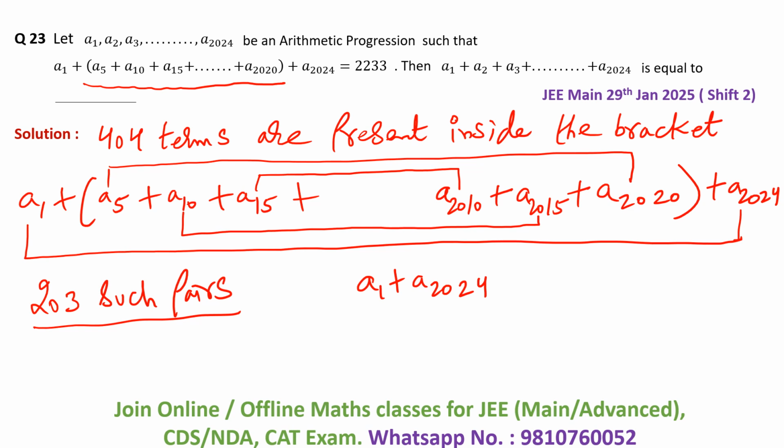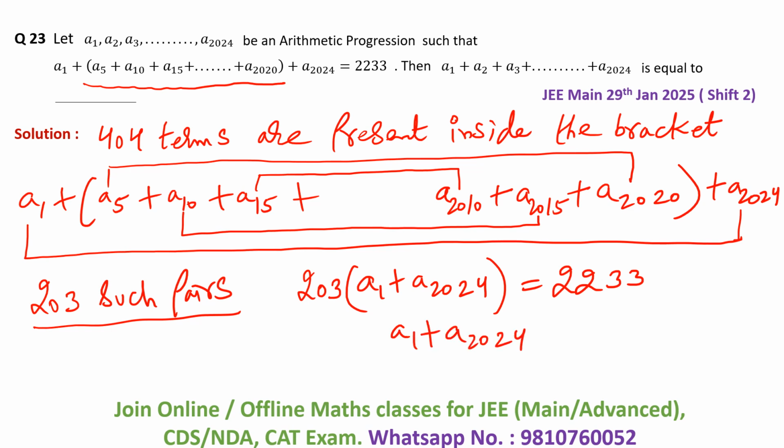And how many such pairs are there? It is 203. So that means we will have 203 into (A1 plus A2024) as the sum of this expression, which is given to us as equal to 2233. So from here, what do I get? I will get A1 plus A2024 as 2233 divided by 203, and this is nothing but 11.